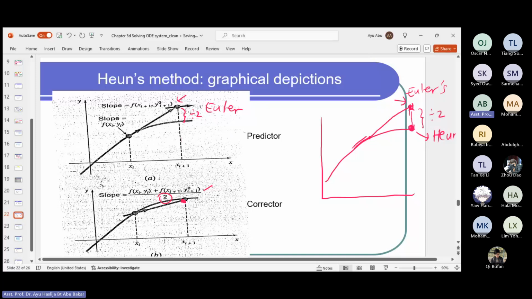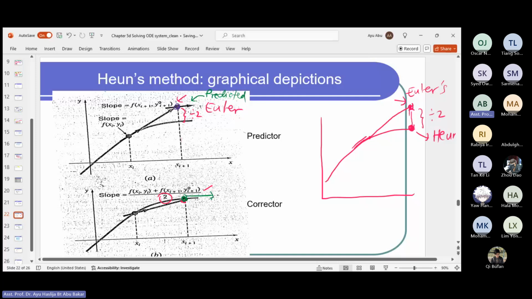You can see the predicted point over here, the predicted point using Euler. But for Heun's, it takes the average of the slopes. So the error over here, divide by 2. Then it will get a closer point to the true value.